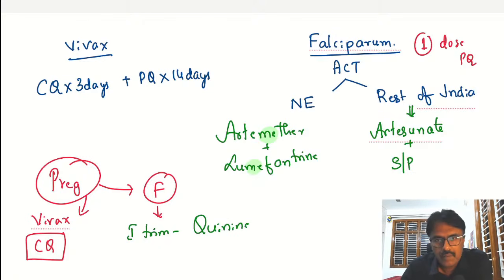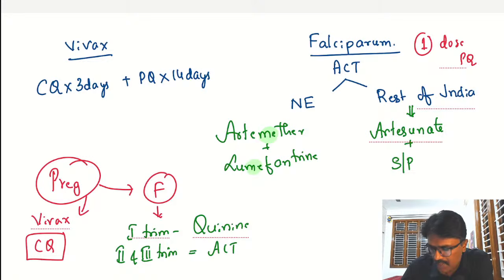You may or may not give clindamycin. Second and third trimester, it's okay. Then you can give artemisinin combination therapy depending on the area. That is how we manage in pregnancy, because everything has been tested in your exams.